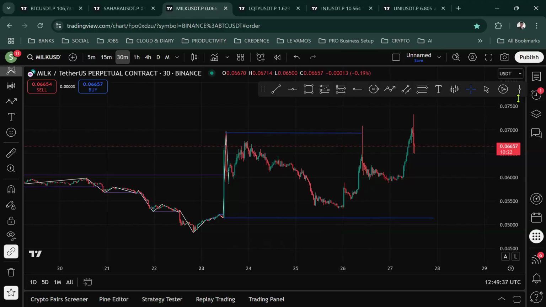There's what we call change of character, that is when downtrend changes to uptrend or when uptrend changes to downtrend. We'll talk about that later. What we want to find now is trends and valid pullbacks.